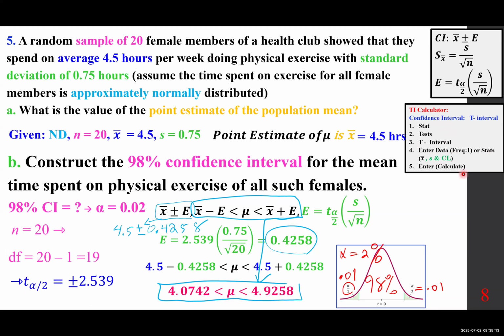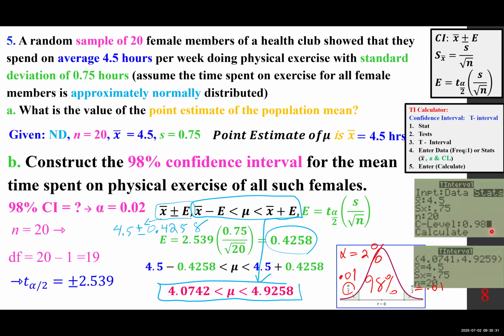And then enter. In this case, we go with T interval. X bar is 4.5, S is 0.7, N is 20, and confidence level 98% or 0.98. You do the calculation and take a look at what we have here.